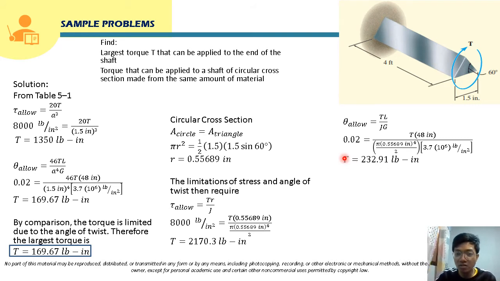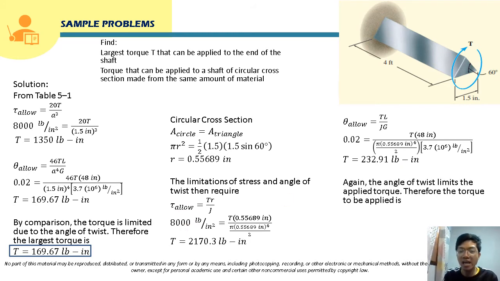We are going to use this because if you use this torque and substitute it here, the allowable stress will not exceed 8,000 pounds per inch squared, right? Again, the angle of twist limits the applied torque. Therefore, the torque to be applied is 232.91 pound inch. So this will now be the answer.